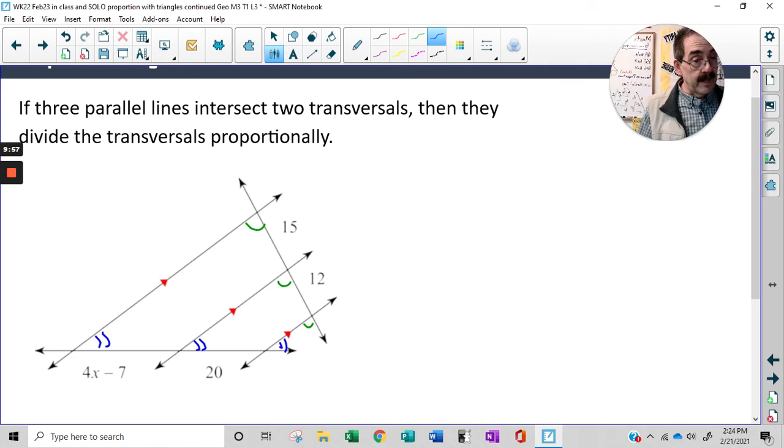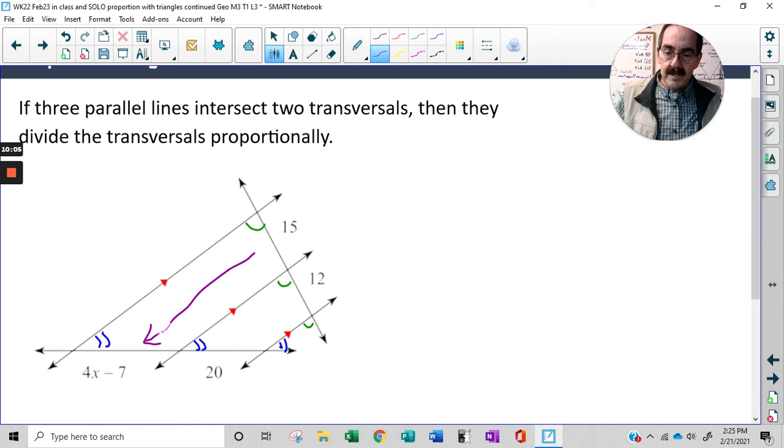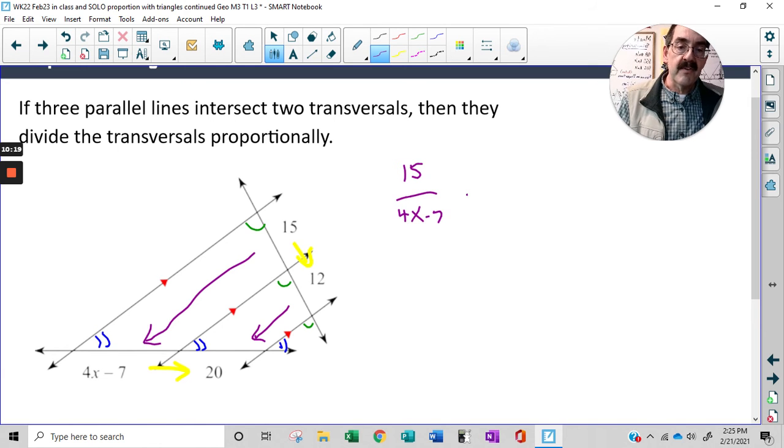That times that and that times that. So we get 15 times 20 is 300, and that's equal to 48x minus 12 times 7, 84. We draw our little fence. Now we're going to add 84 to both sides.